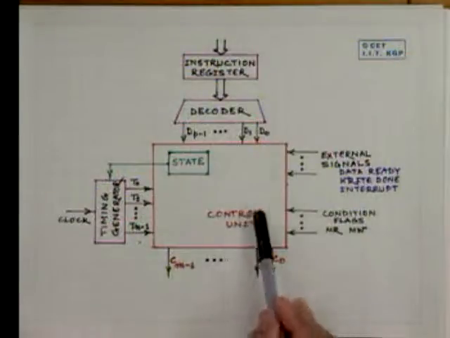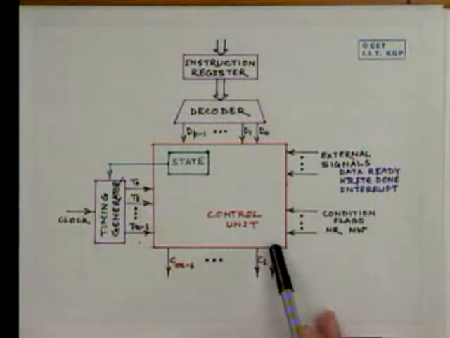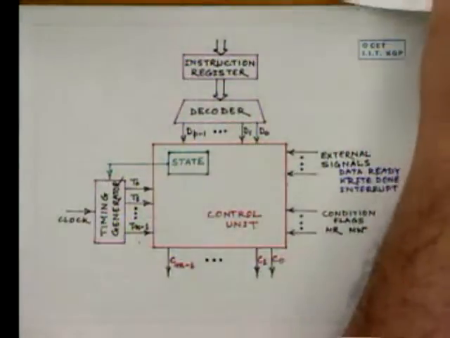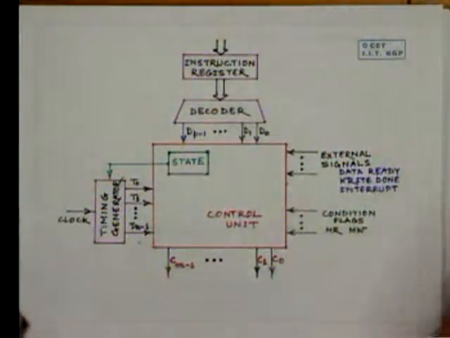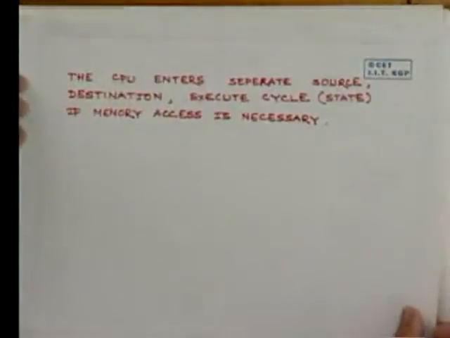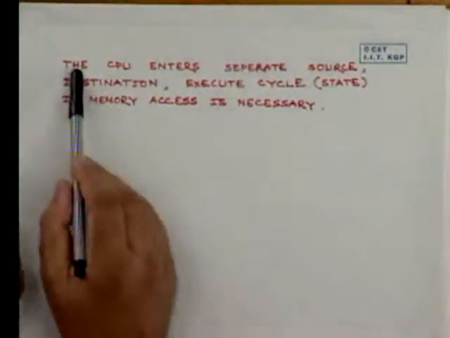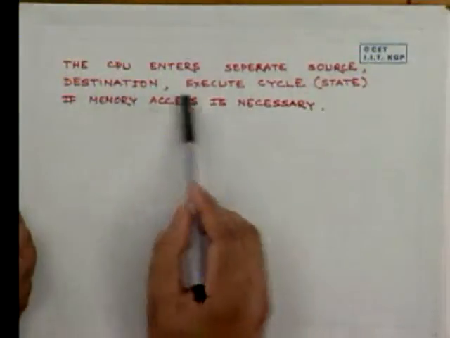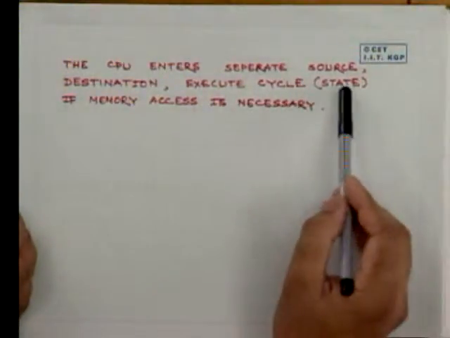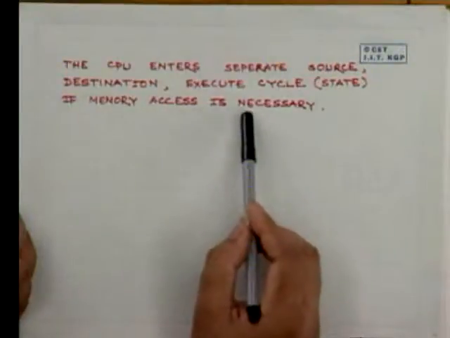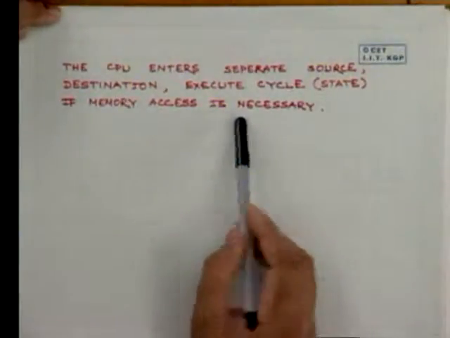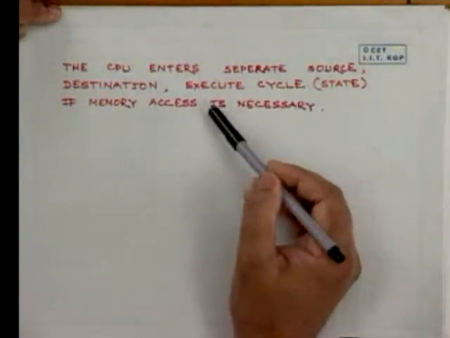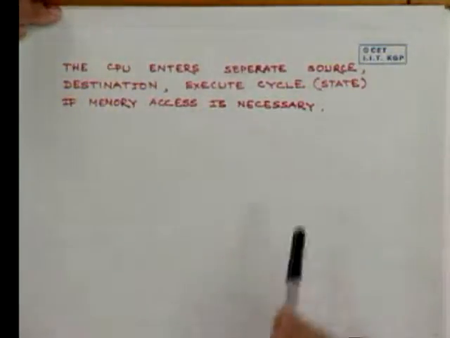This therefore is the function of this control unit. Just to make the point clear, the CPU enters separate source, destination or execute cycles or states if memory access is necessary.